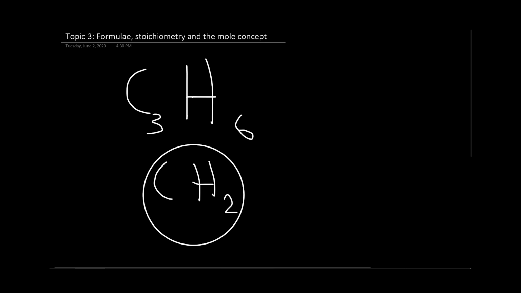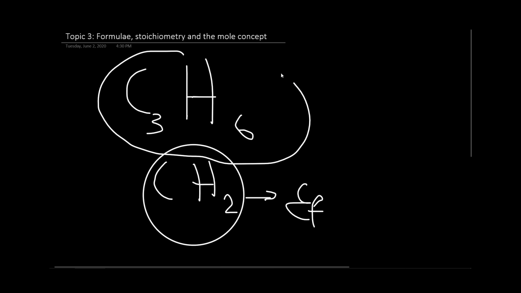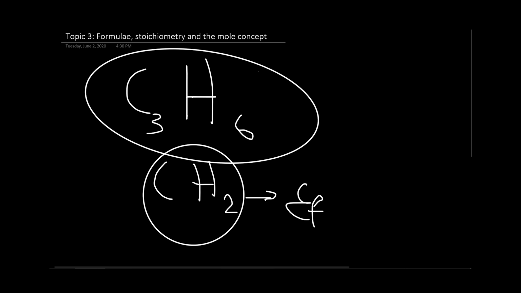Now, this is the empirical formula. I'll just be writing it as EF, right? There's another term you need to be familiar with: your molecular formula. It's nothing much. The molecular formula is just the original, untampered formula of a compound, right?